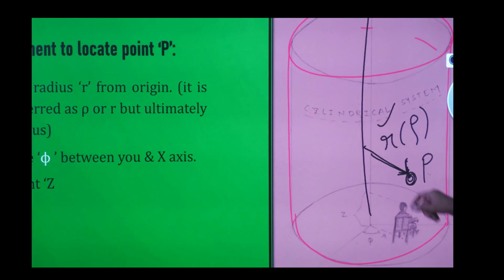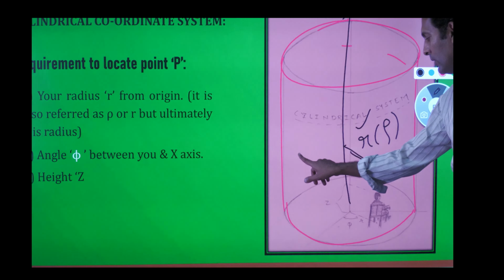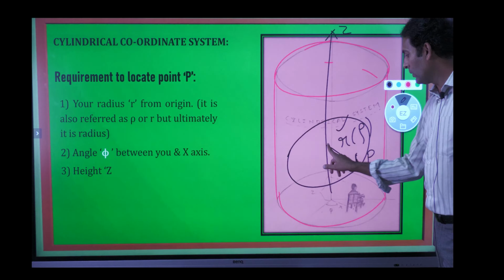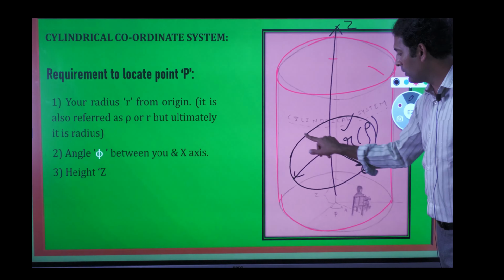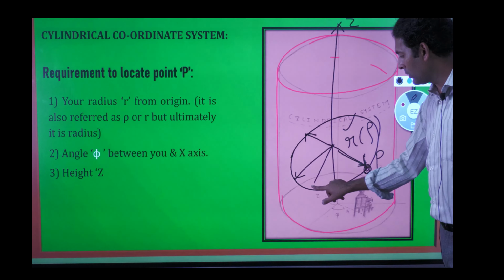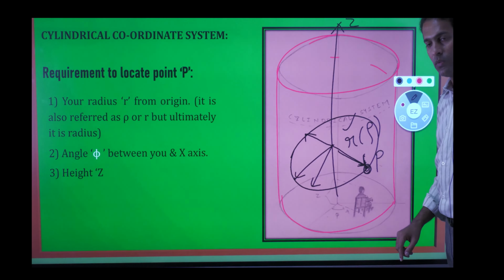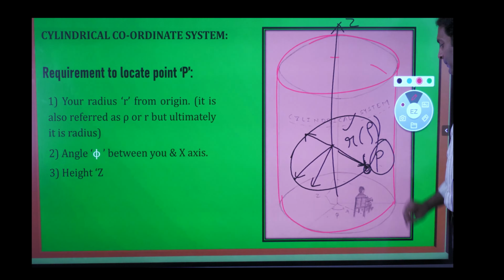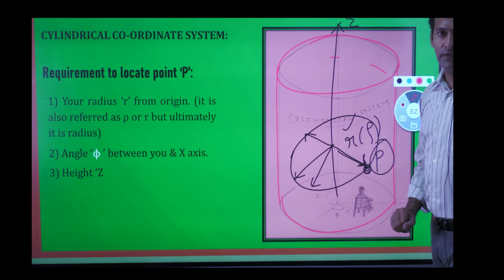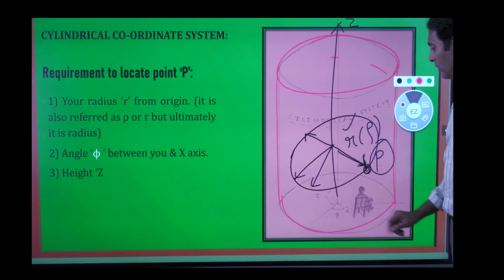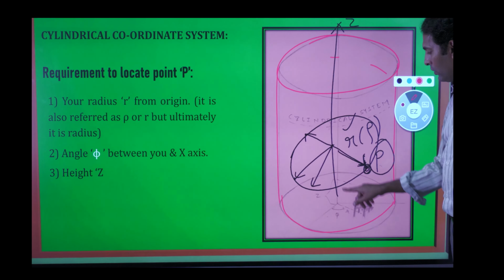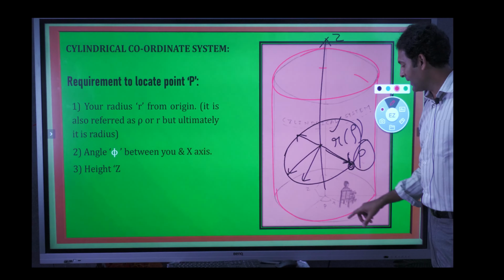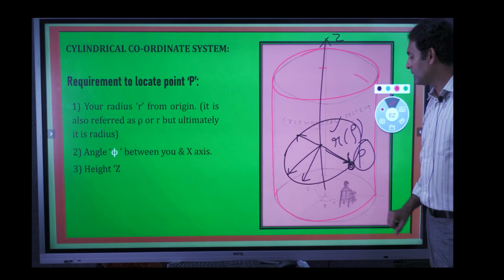But at r equal to 10 meters, there will be many points on that circle. So where is this point P exactly? Only r is not enough. Then what can we find? Second, we find the angle at which this point P is situated.